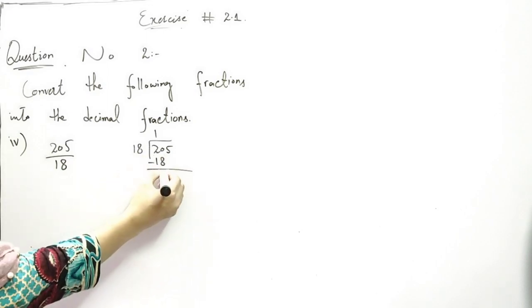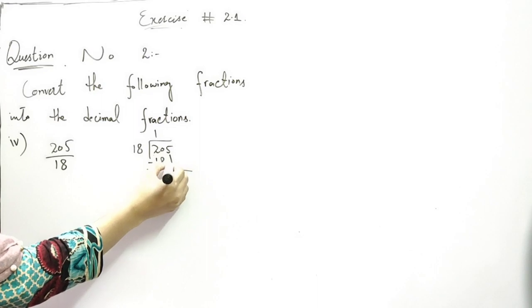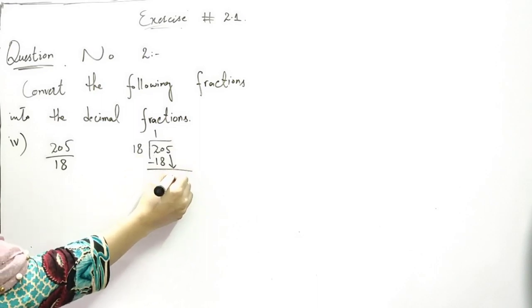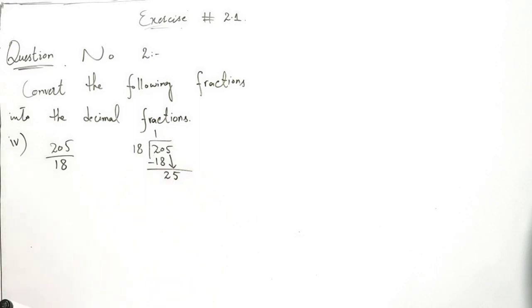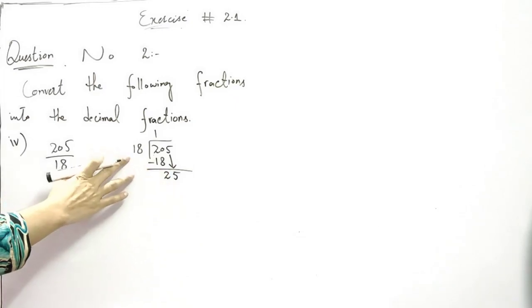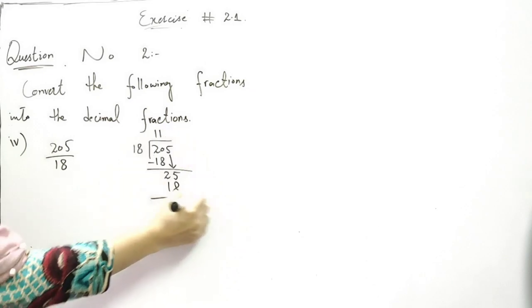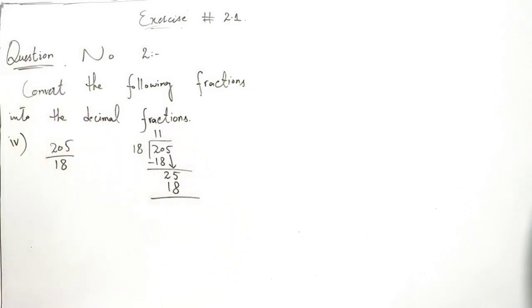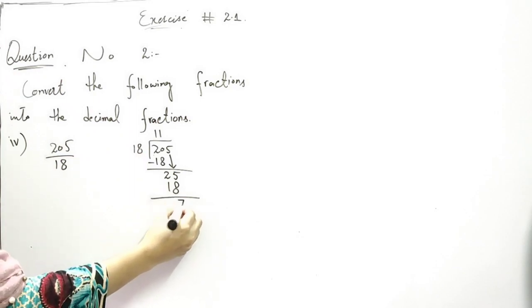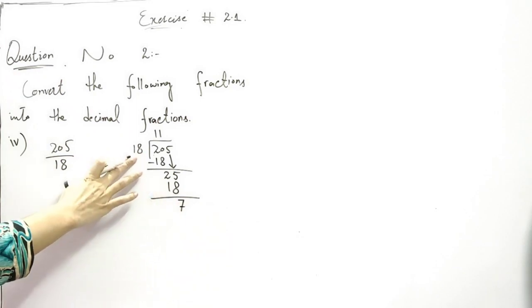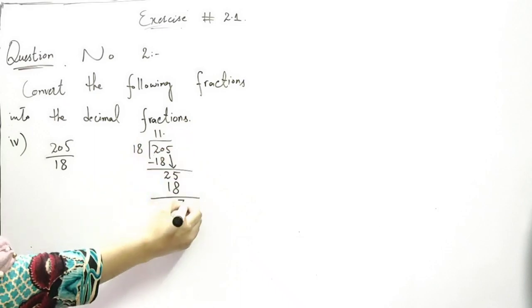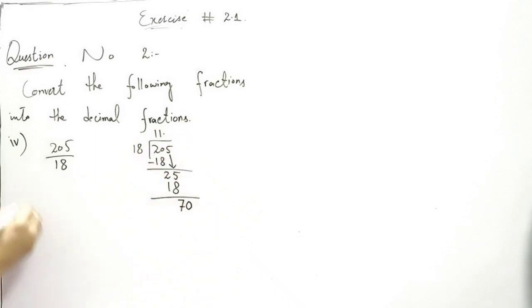So 20 minus 18 is 2. Take 5 here. This is the 25, and 25 is also greater than 18, so 18 ones are 18, and 25 minus 18 is 7. Now this 7 is less than 18, so place point here. This becomes 0.